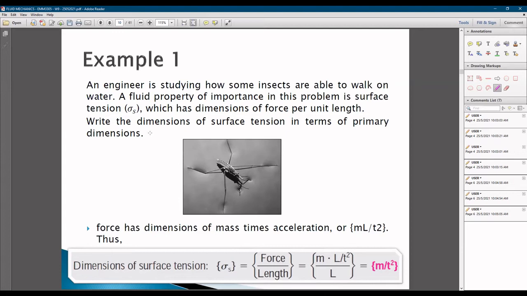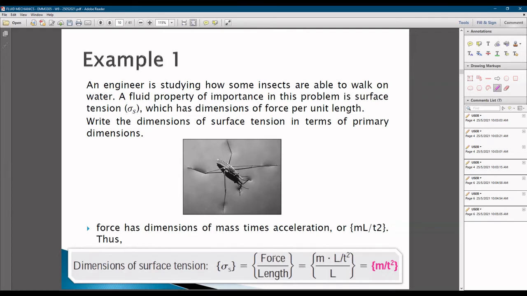Write the dimension of surface tension in terms of primary dimensions. Okay, as we have learned earlier, if not mistaken in chapter number 2, the surface tension is force divided by length.